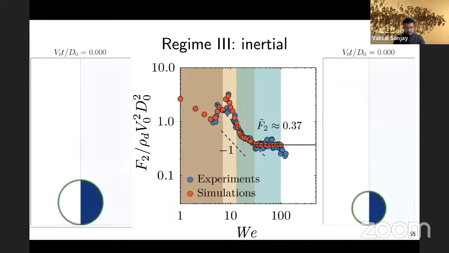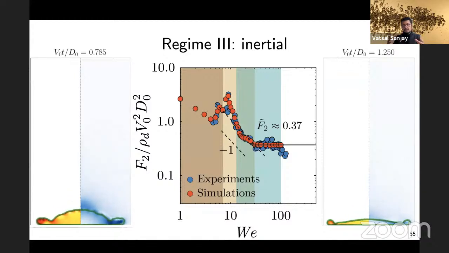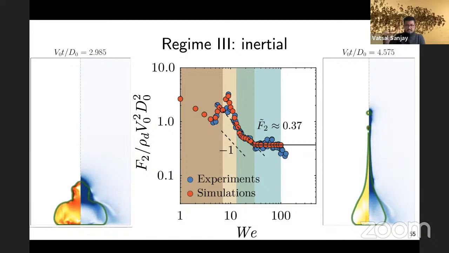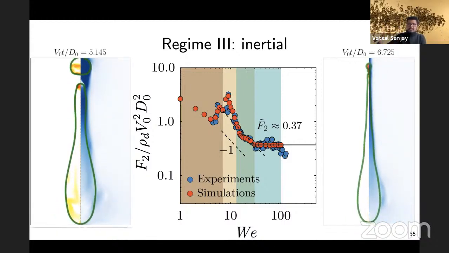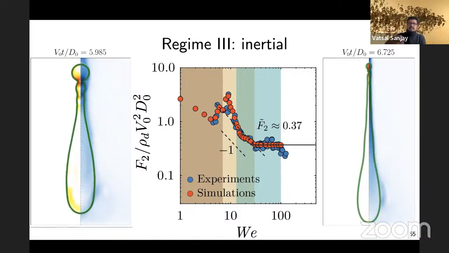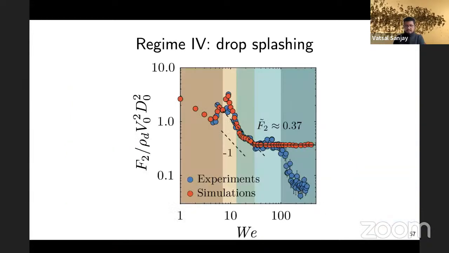What we see is that the Worthington jet gets thinner, but at the same time it also gets faster. As a result, the momentum that it carries remains the same in this dimensionless space, even though the two morphologies are quite different. But what happens next is a case where we have a very stark disagreement between experiments and simulations.